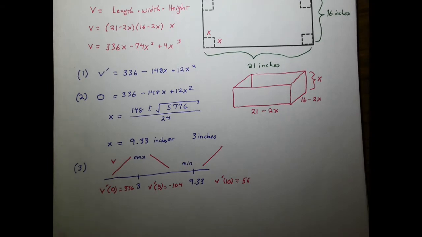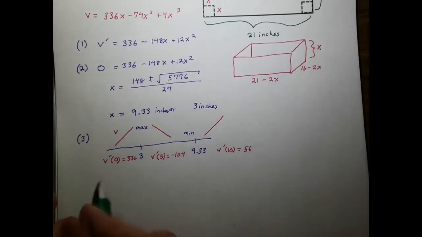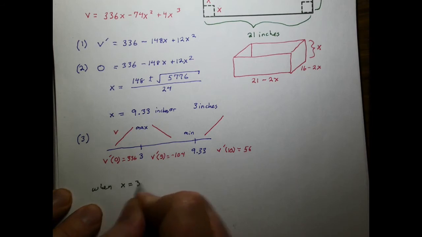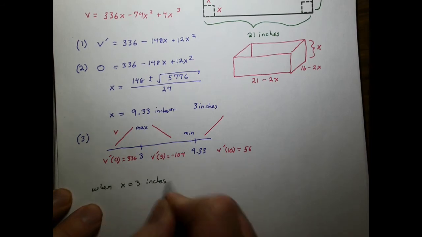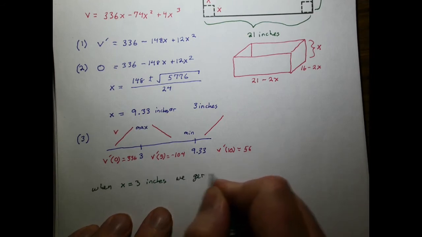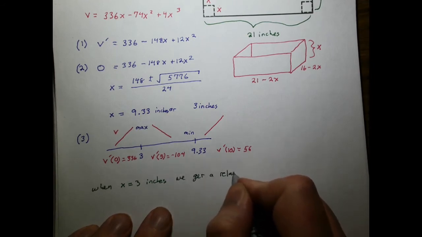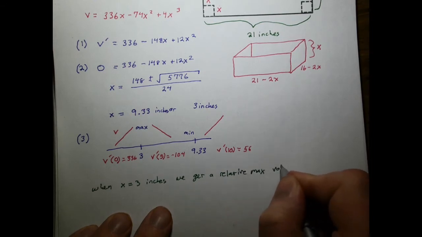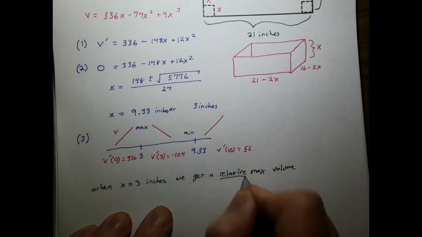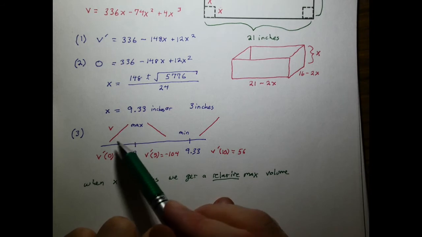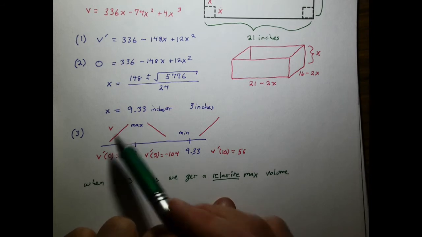But we have to be really careful here. So when x equals 3 inches, we get a relative max volume, but not necessarily an absolute maximum, because look what happens to the original volume function.